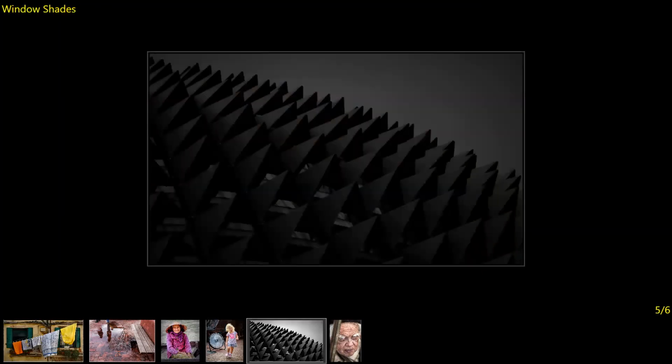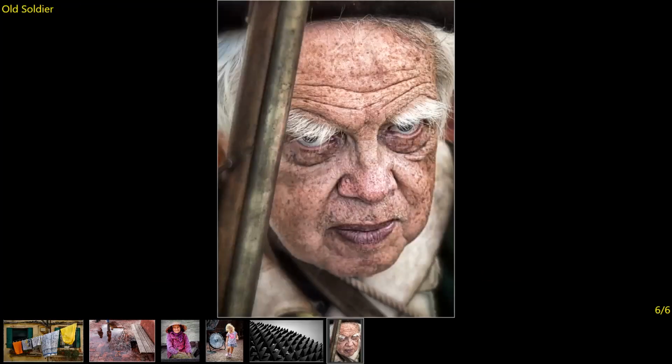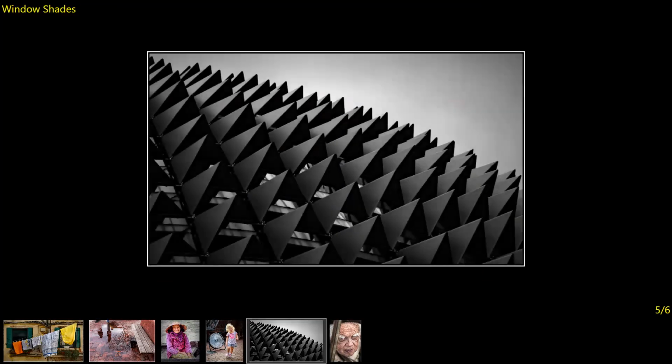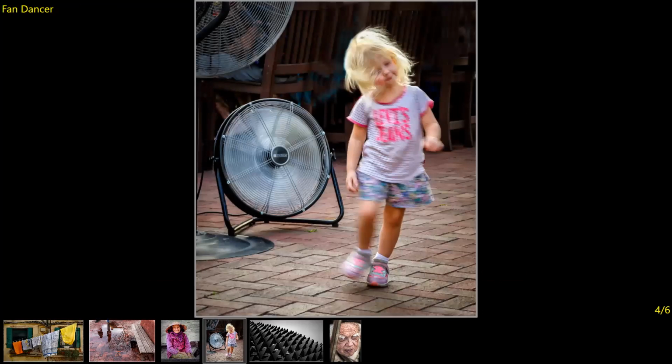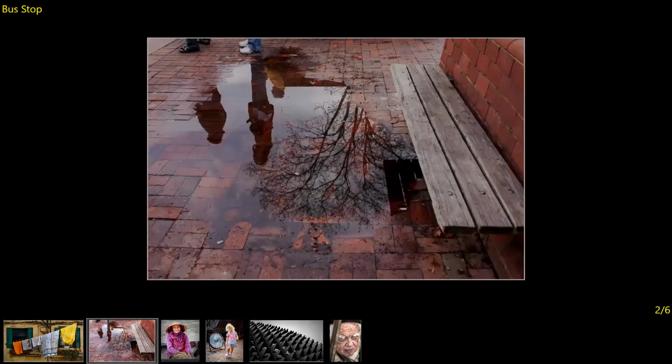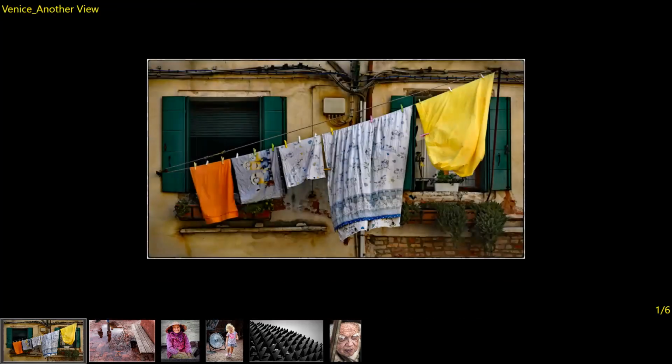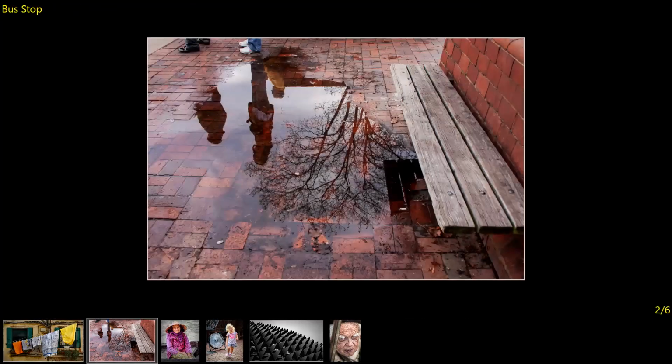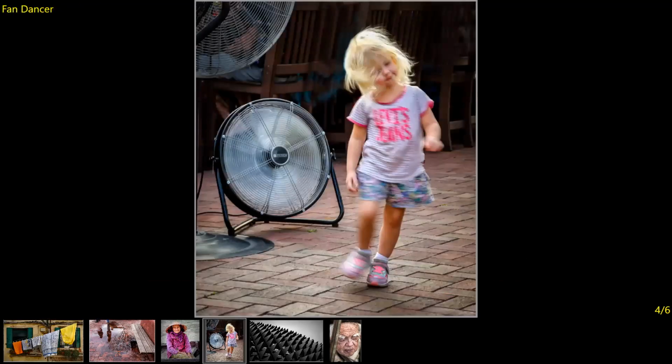Okay, I think I'll come up with something. So my number 1 is going to be the second picture at the bottom strip. This one, yes. Okay. Then it would be the laundry.